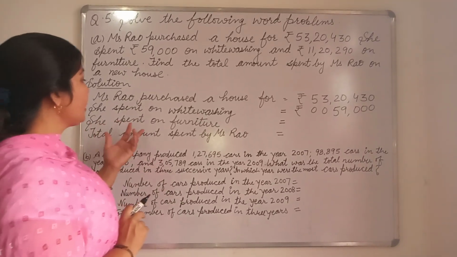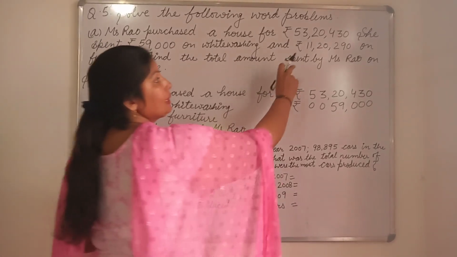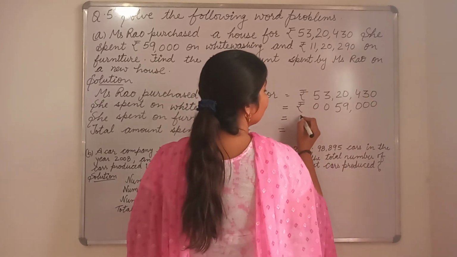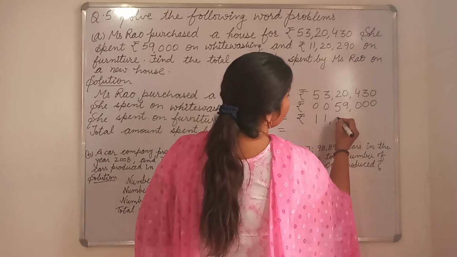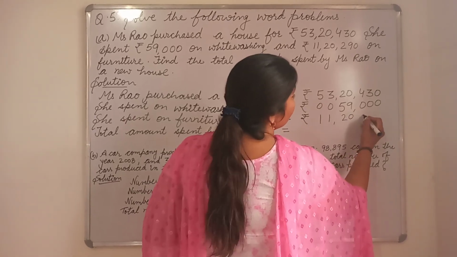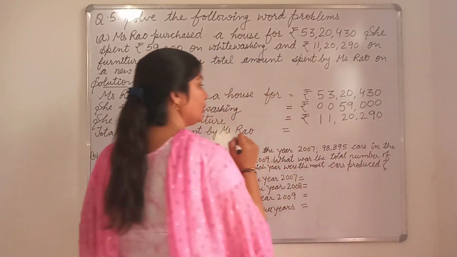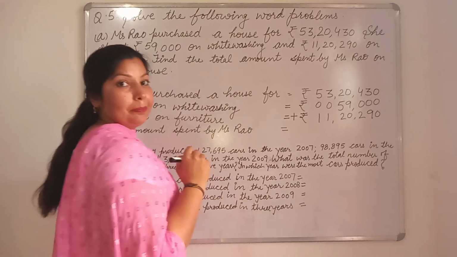Next, she spent on furniture. So on furniture, how much she spent? She spent 11,20,290. So properly again we should arrange in columns. Now we have to do addition here, so we should put here a plus symbol.